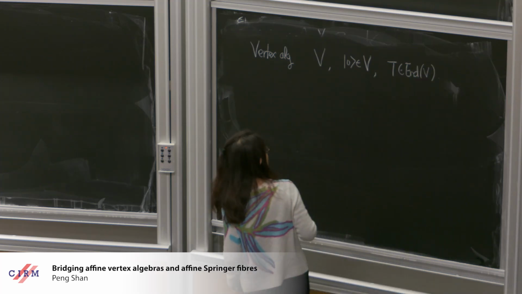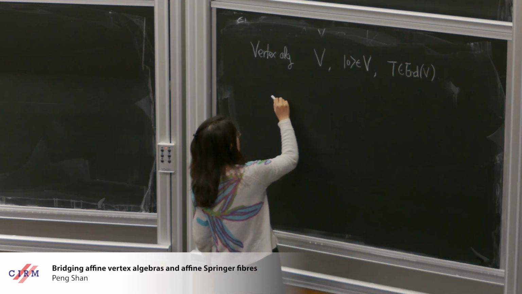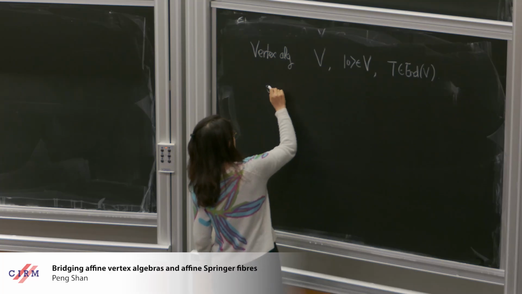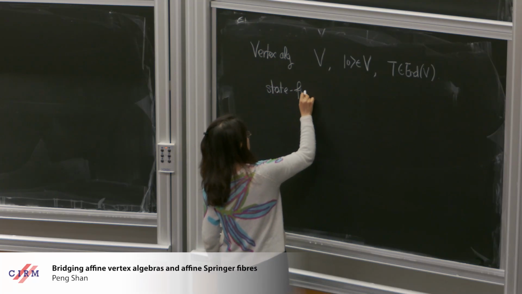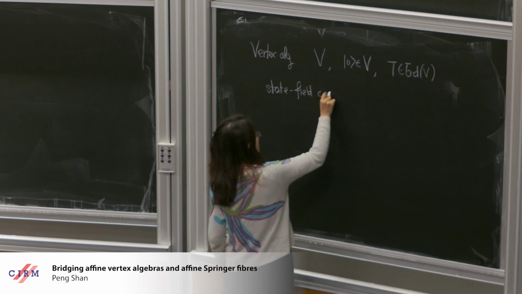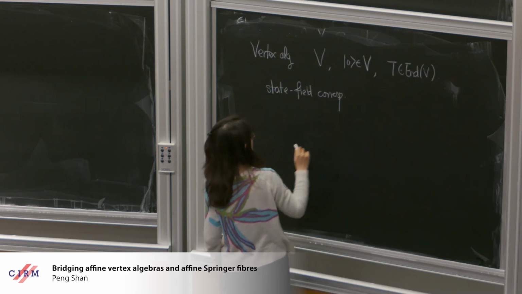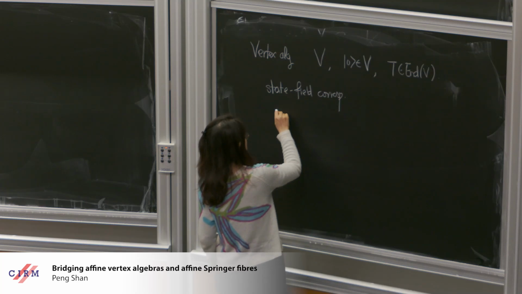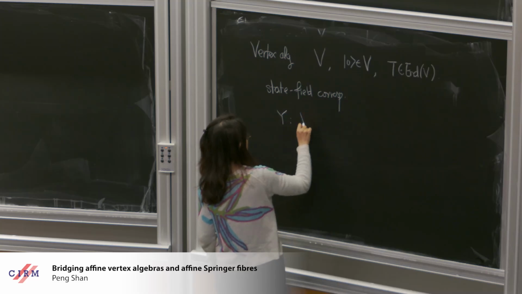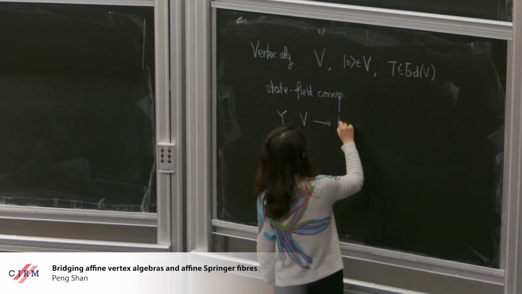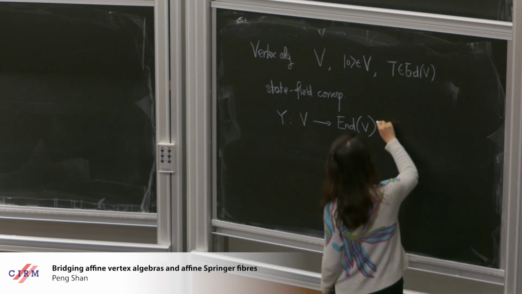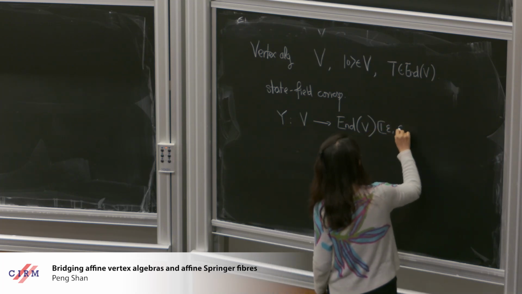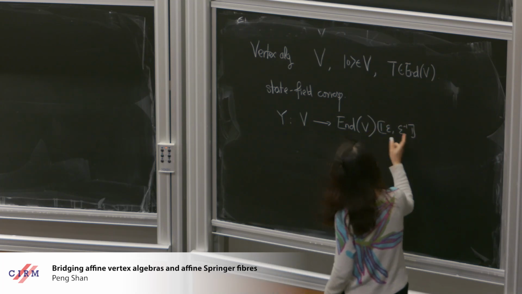on V. And more importantly, there is a so-called state-field correspondence, which is a linear map from V to endomorphisms of V, where epsilon is a formal variable.